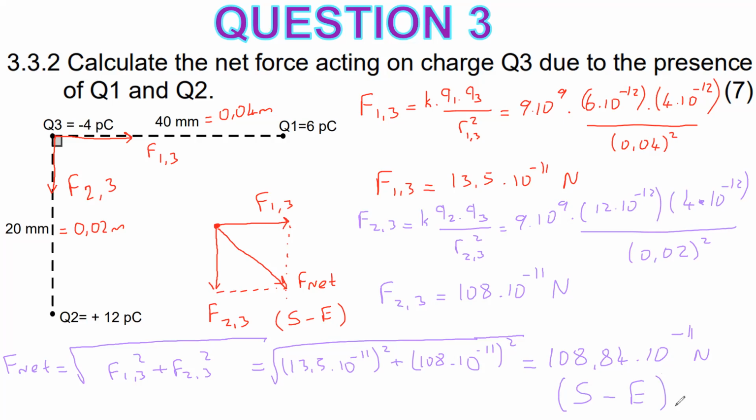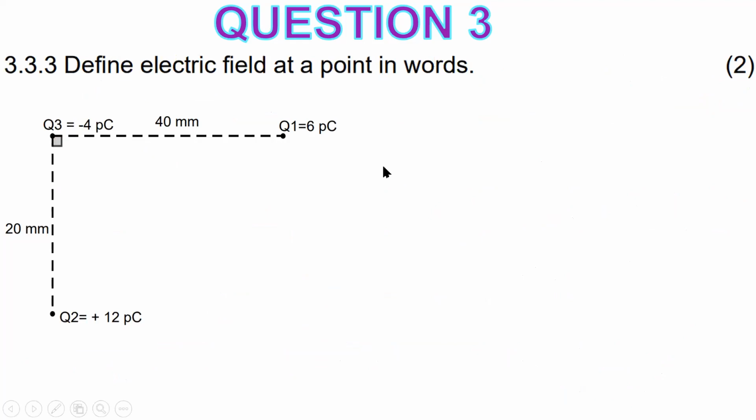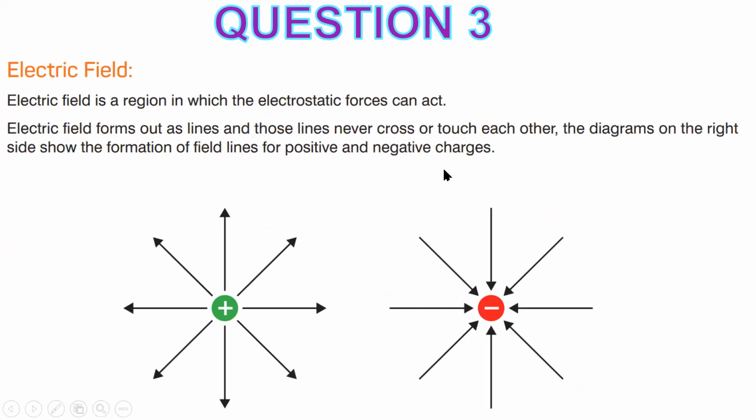Okay, we have done this question. So let's continue with the next question. Let's see what they ask. Define electric field at a point. Okay, just like Coulomb's law, let's give more details for electric fields. So electric field is a region in which the electrostatic force can act. So this is our definition.